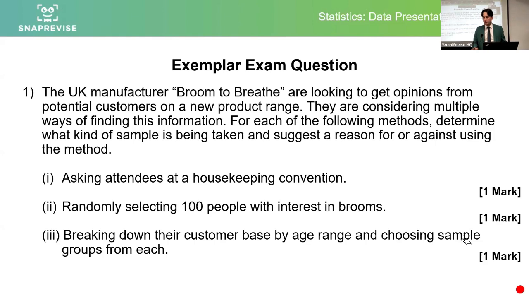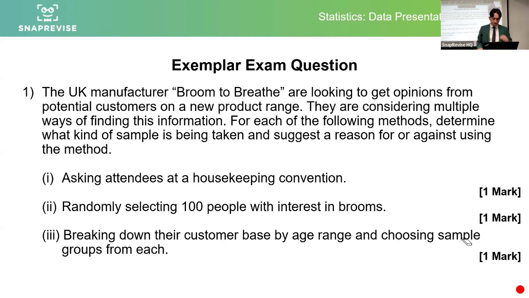For each of the following methods, determine what kind of sample is being taken and suggest a reason for or against the method. What I would say with these advantages, disadvantage questions, try not to use a disadvantage for one as an advantage for the other and repeat yourself, because you might risk not getting all the marks.